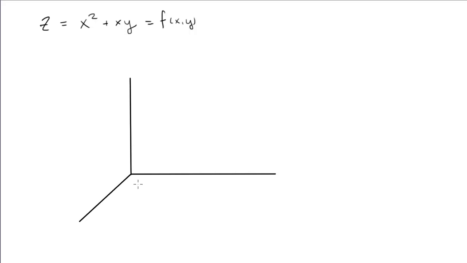Z is a function of x and y. We'll just put down a brief schematic. We're looking at a point and a vector. It doesn't have to be a unit vector, but it's standard, because we might as well make the direction a unit vector.